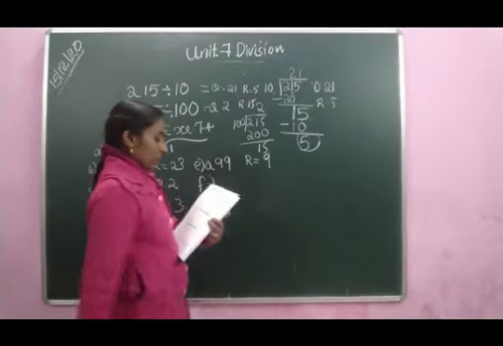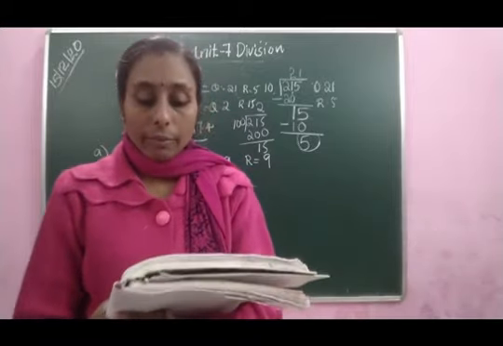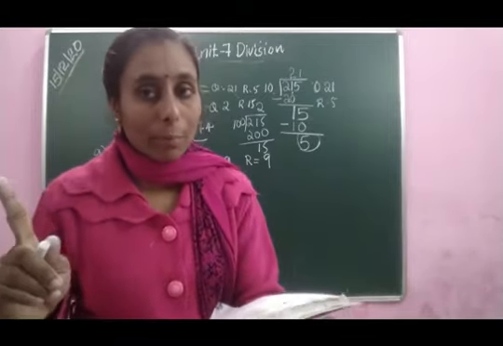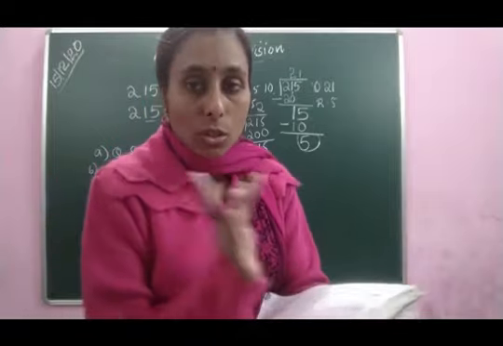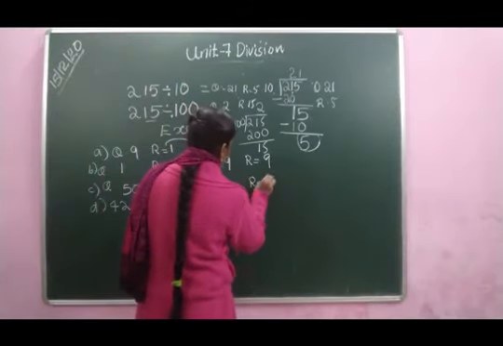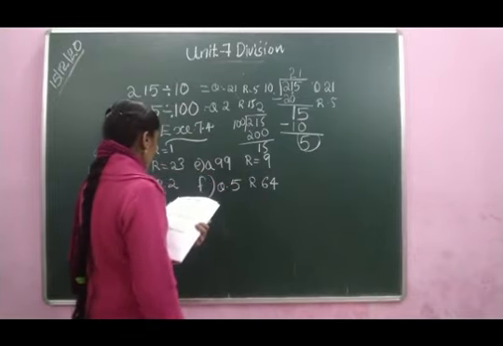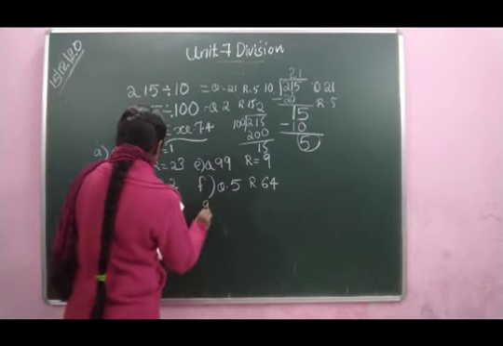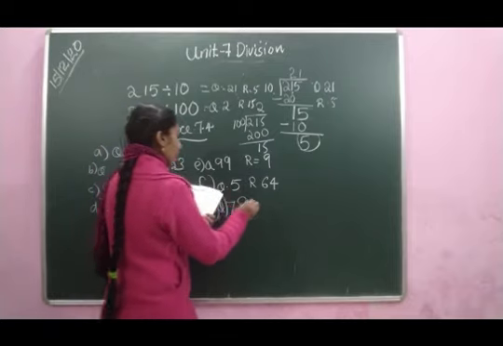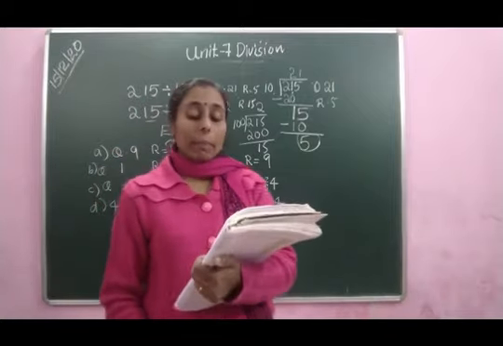F. 564 divided by 100. The last two digits change into the remainder and the rest of the number changes into the quotient. Here the last two digits are 64. 64 is the remainder and 5 is the quotient. And 784 divided by 10. 78 is the quotient and remainder is 4. 899 divided by 100.